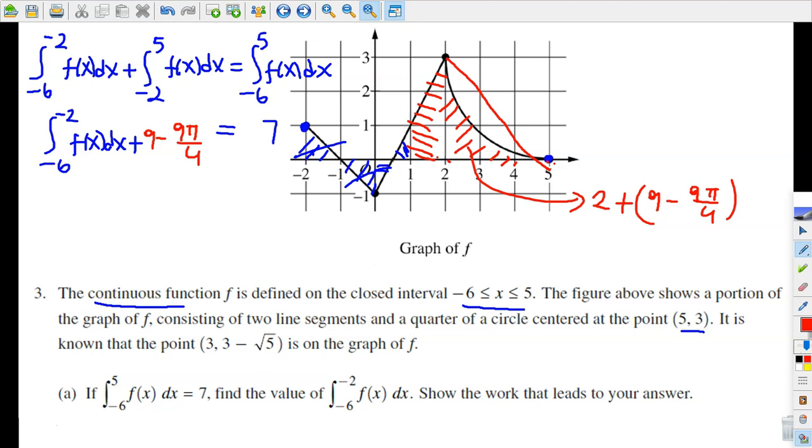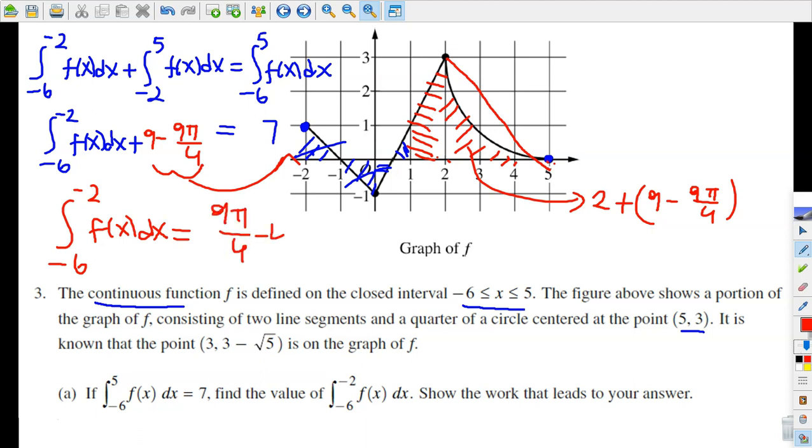So we need to move this piece over here. So we get the definite integral from -6 to -2 of f of x dx is going to be equal to, finally, 9 pi over 4 minus 4. So that's the area from -6 to -2.